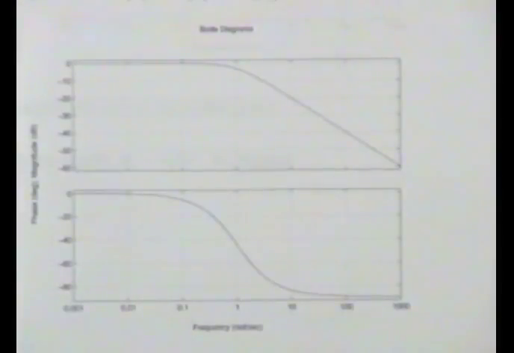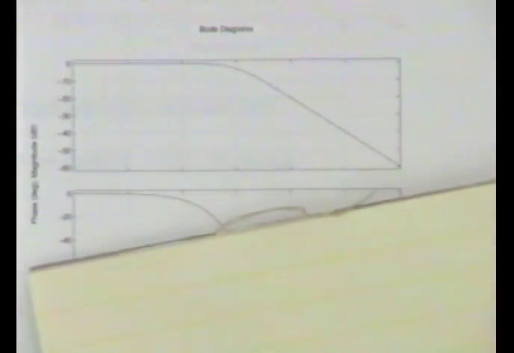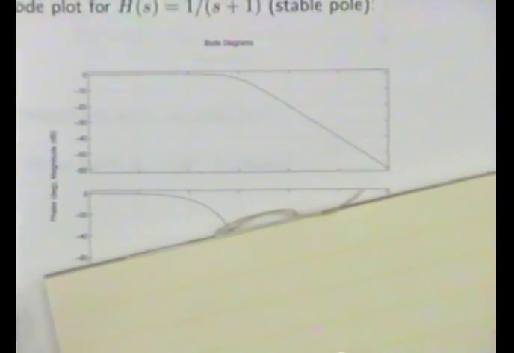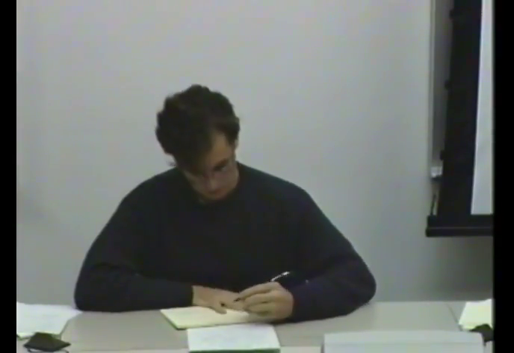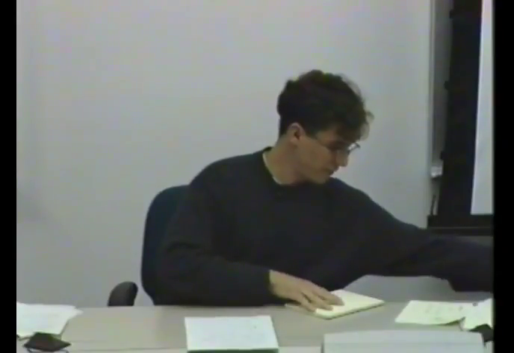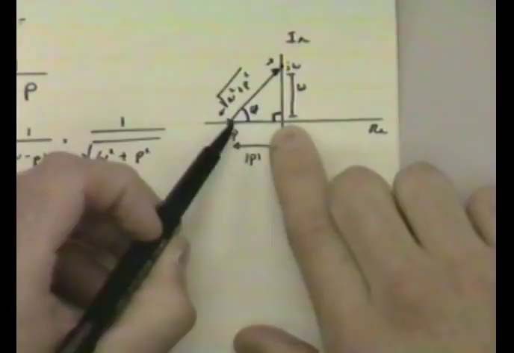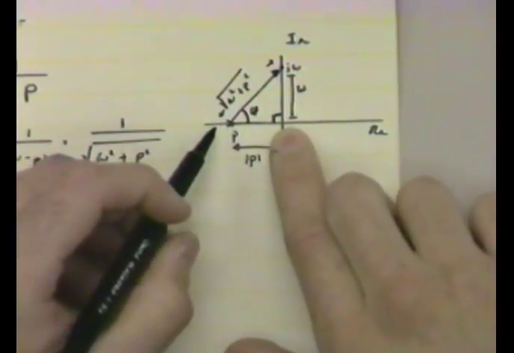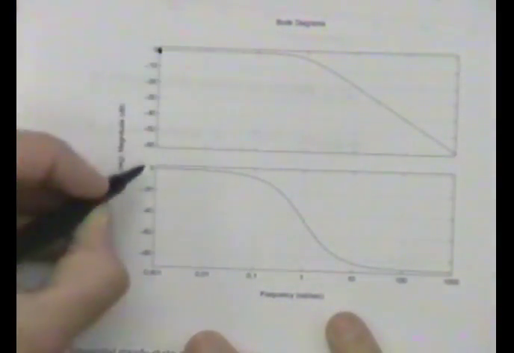Let's talk first about what happens at omega equals 0. The magnitude of h at 0 is given simply by 1 over root absolute p. Everybody with me there? Simple, right? The phase at omega equals 0 is simply 0. So at least we can understand this point here on the plot.